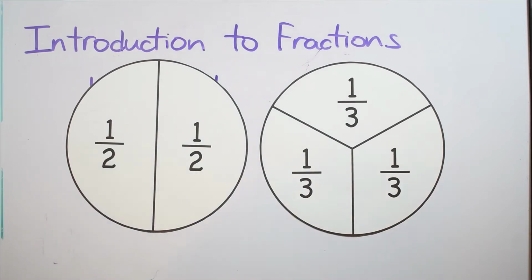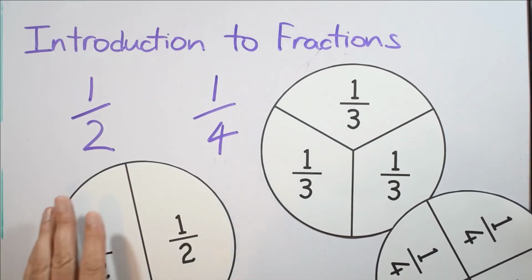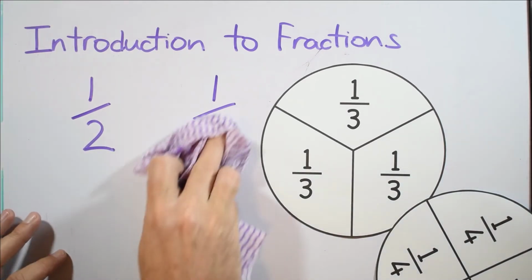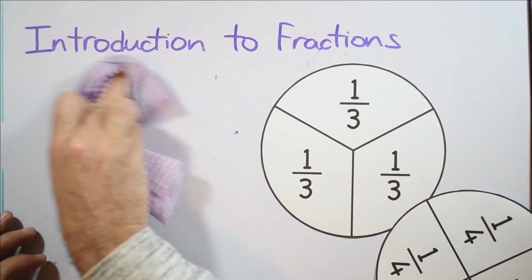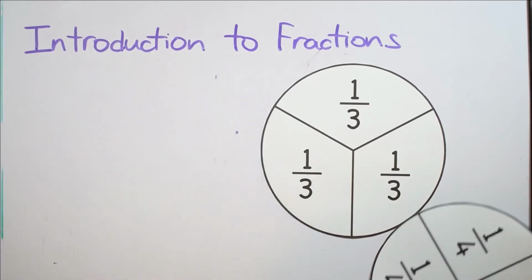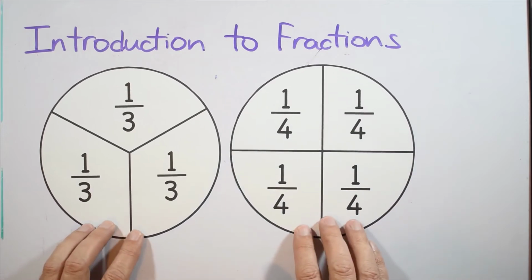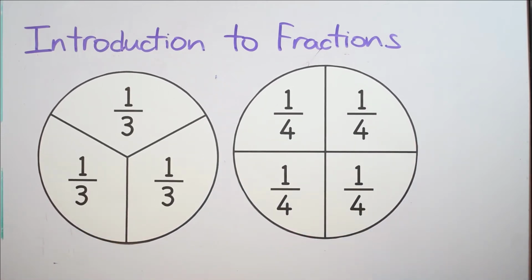A good way to remember how denominators work is to think about these as pizzas. Let's just pop these away for a second. So my 2 pizzas have been chopped up in different ways. This has been chopped up 3 times. The denominator is 3.